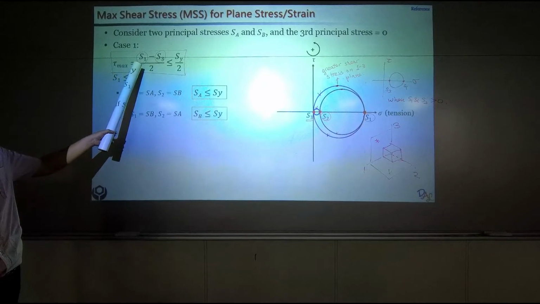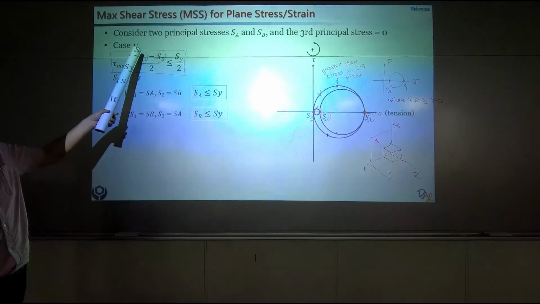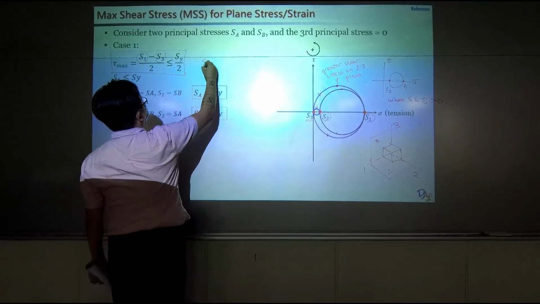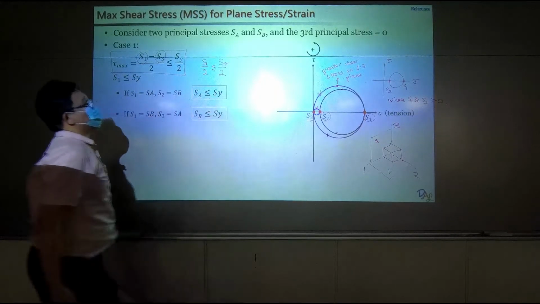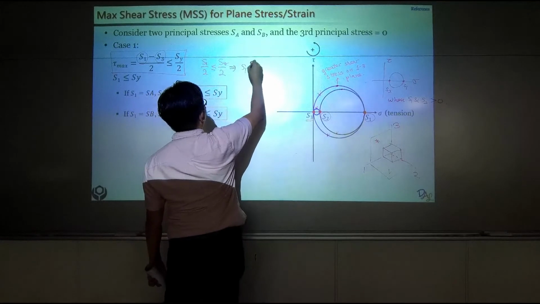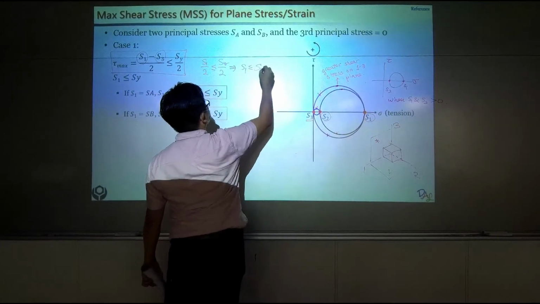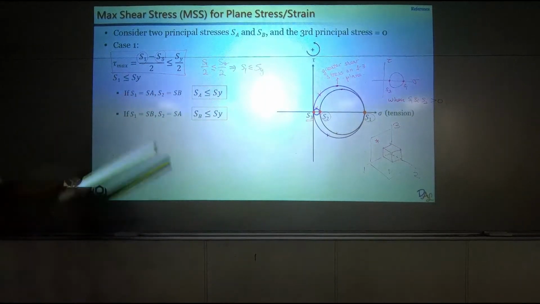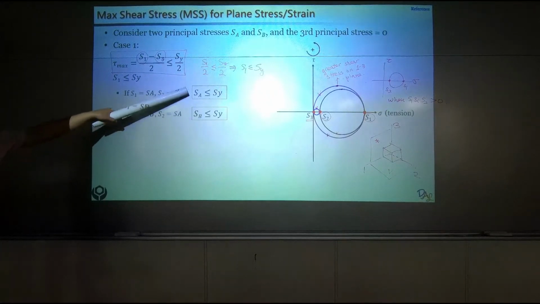S3 is 0, so this equation reduces to S1 over 2 smaller than sigma y. And of course, we can reduce it to S1 must be smaller than sigma y. This is why we reduce to these two. But what's the difference between these two?